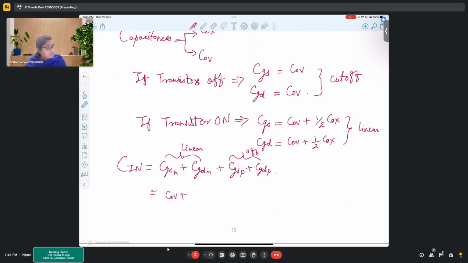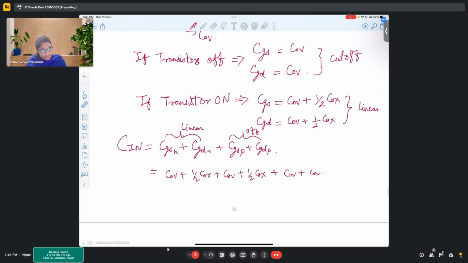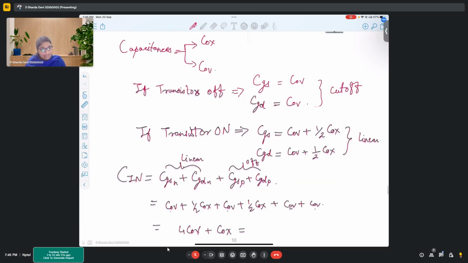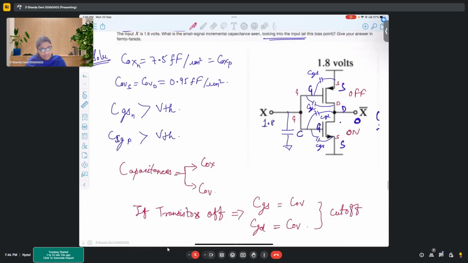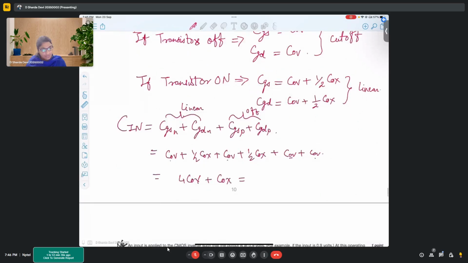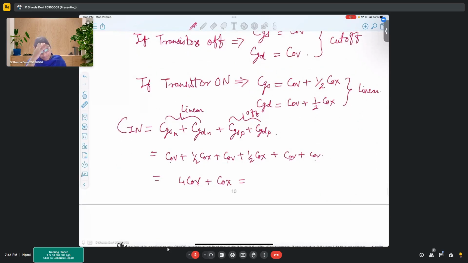So this is Cov plus half Cox plus Cov plus half Cox plus Cov plus Cov. Right? So it is 1, 2, 3, 4. 4 times Cov plus Cox is the total capacitance that we get. Now the Covs were the same, so that's why I wrote them down together.